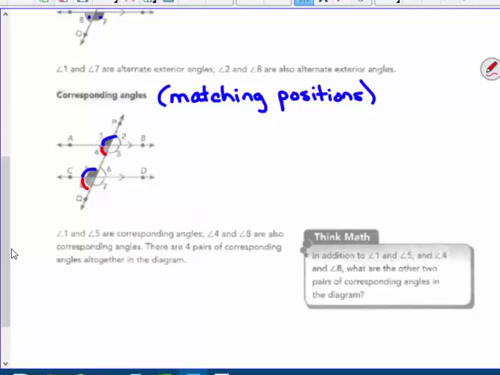There are 4 pairs of corresponding angles altogether in this picture. Another pair are angle 2, right and above, and angle 6. And the last pair, angle 3, right and below, and angle 7. Corresponding angles are congruent.